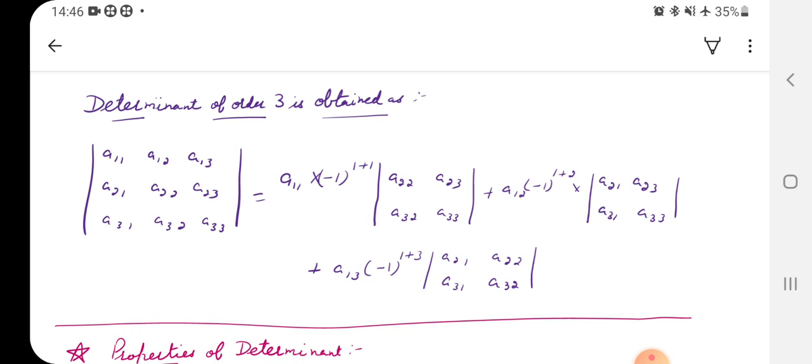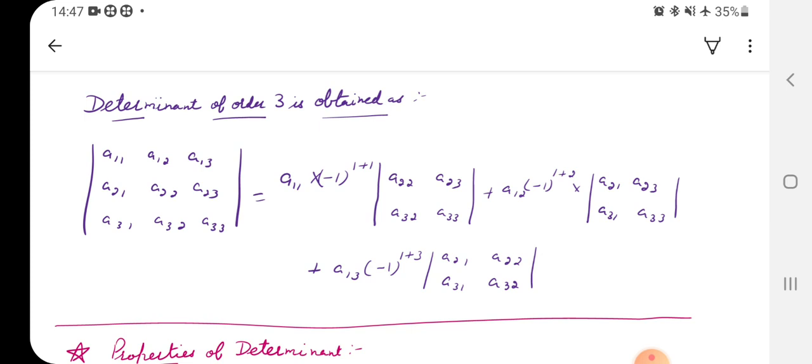So write a general matrix: a11, a12, a13, a21, a22, a23, a31, a32, a33. Now you can evaluate this determinant by expanding through any row or column. If you expand through row 1, you will take the first element of row 1, a11, into minus 1 power sum of the suffixes. Sum of suffixes means the suffixes used in the notation of the element.